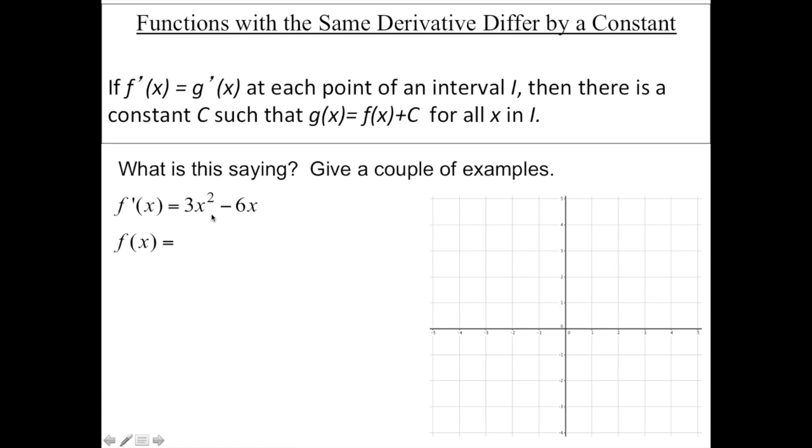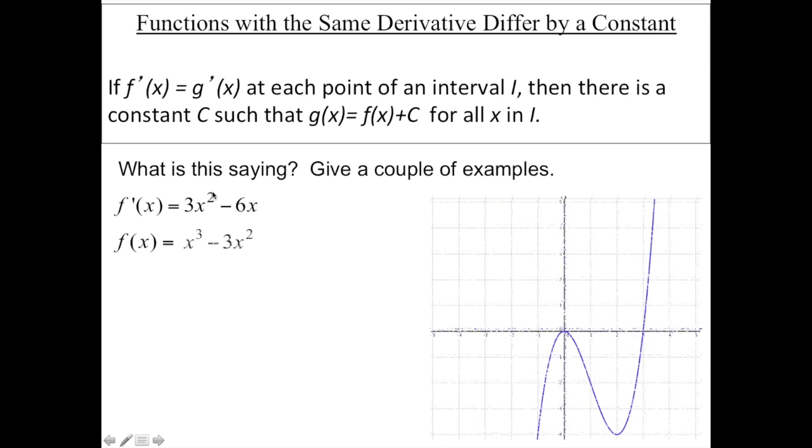The power rule, we know the power rule is to bring the power down and reduce it by 1. So this must have been the original power. So then the original function here must be x cubed. So let's kind of back check this. If I take the derivative of x cubed, I get 3x squared. And this negative 6x, we see that this x has a power of 1. But this is the derivative, so the original function must have had a power of 2.